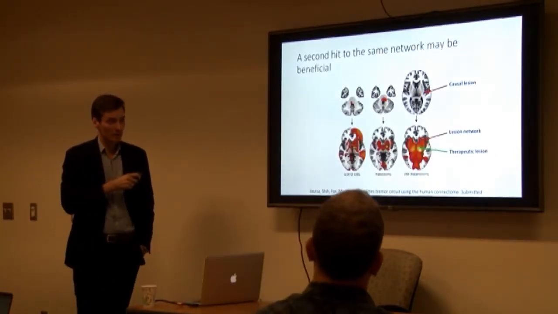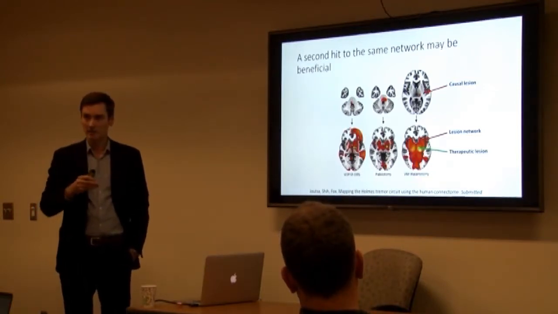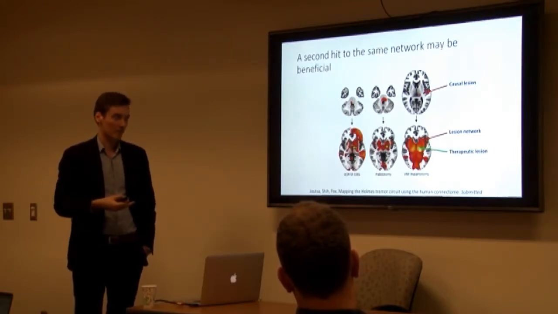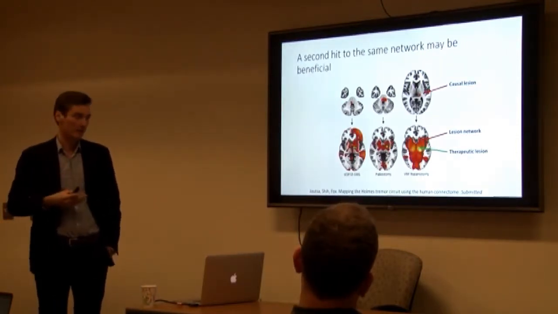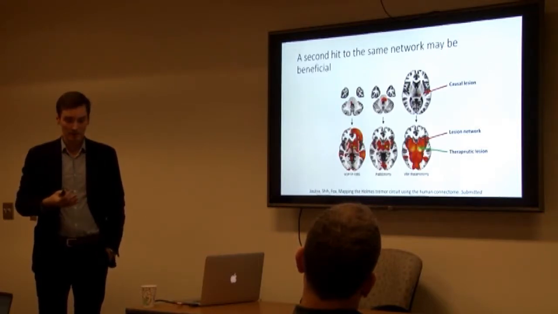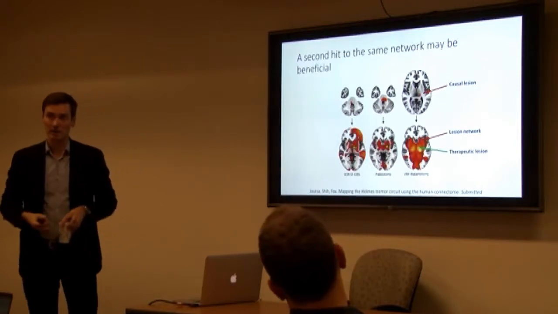So the previous two slides I showed suggest that maybe hitting the network that we identify based on causal lesions may have therapeutic efficacy. However, in these conditions, DBS is usually contraindicated in cases where the symptoms are caused by a lesion.